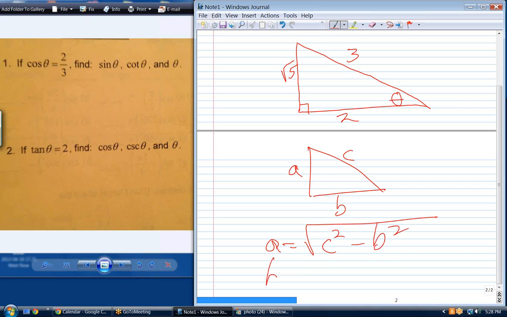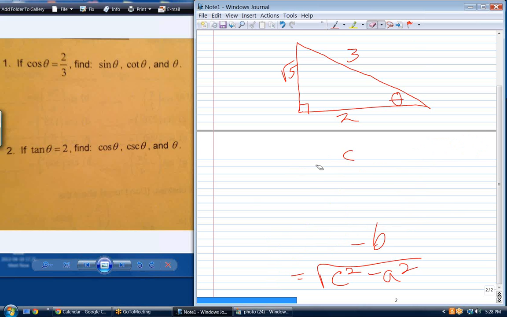If you're solving for side B, it's the square root of c squared minus a squared. It's only when you're solving for the hypotenuse that it's the square root of a squared plus b squared. So it would be the square root of 9 minus 4, square root of 5.